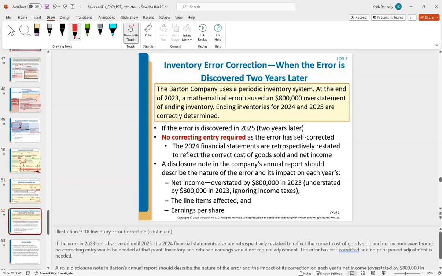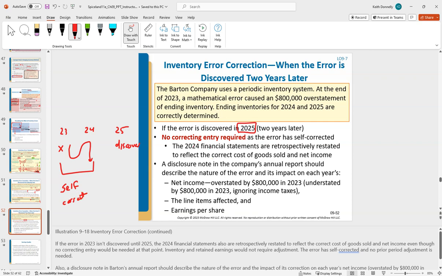Now, let's say the error is discovered in 2025. So we have 23, we have 24, and we have 25. Here was the error. In 25, we discover that error. Well, we looked at the effects of this and we said, by the time this ripples through 2024 after a 2-year period, it's going to self-correct.